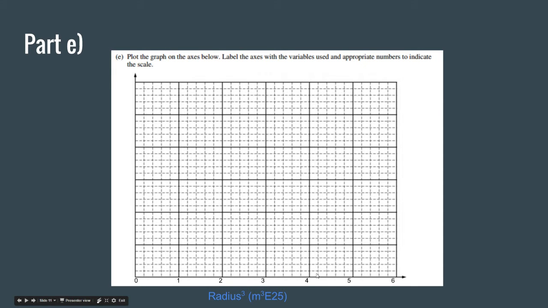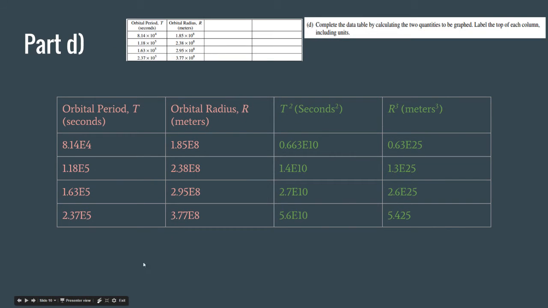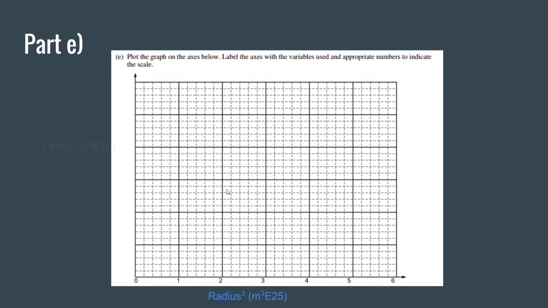I label my axis from 0 to 6 because that's the correct scaling we need, since the radius cubed goes from about 0 to 6, and so does the period. On the y-axis, I've put period squared, in second squared times 10 to the 10 power, and I've labeled it 0 to 6.